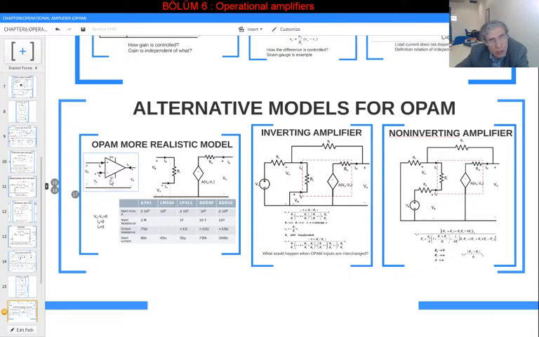And the alternative model is this one, which has two resistors in it and one dependent voltage source, whose voltage is (Vp minus Vn) times A. Now in this model we've got three parameters. One of them is Ri. Let me go into details.